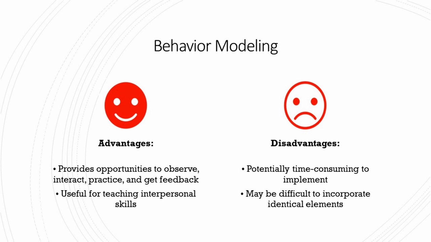Like the other hands-on methods, this one is useful for teaching a range of interpersonal skills. Because it involves multiple stages, this method can be time-consuming and difficult to implement effectively with large audiences. Behavior modeling also suffers from low fidelity, as it can be challenging to mimic the work environment in meaningful ways.